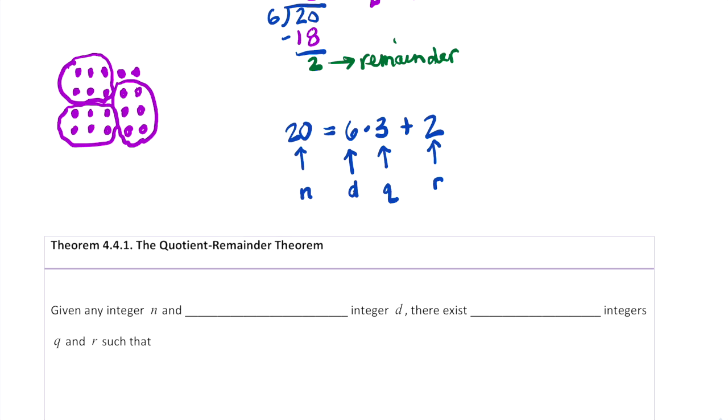We'll use this as a tool to prove other theorems as we go on in this section.